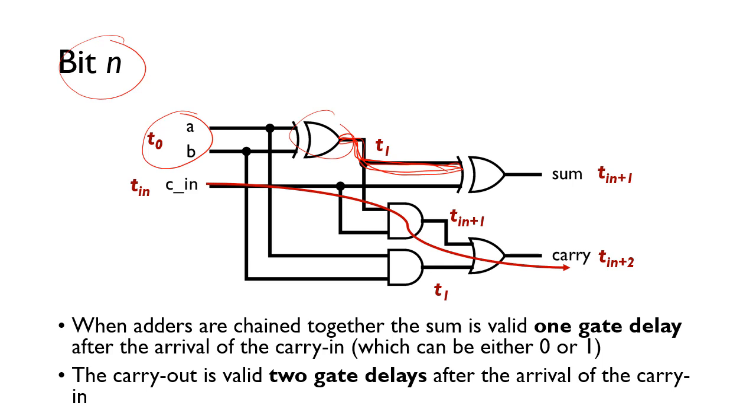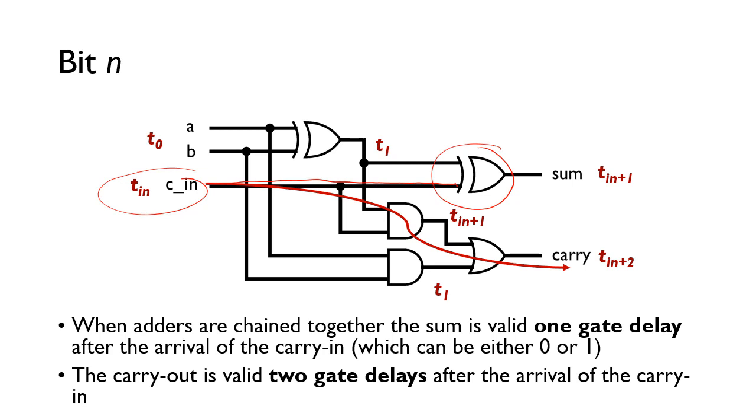For the later bits in the chain, the sum actually depends on the carry in. If the carry in arrives at T in, this input is known at time 1, so the limiting factor is the time when we get a valid carry in. So the sum will be valid 1 gate delay after we've received a valid carry in.